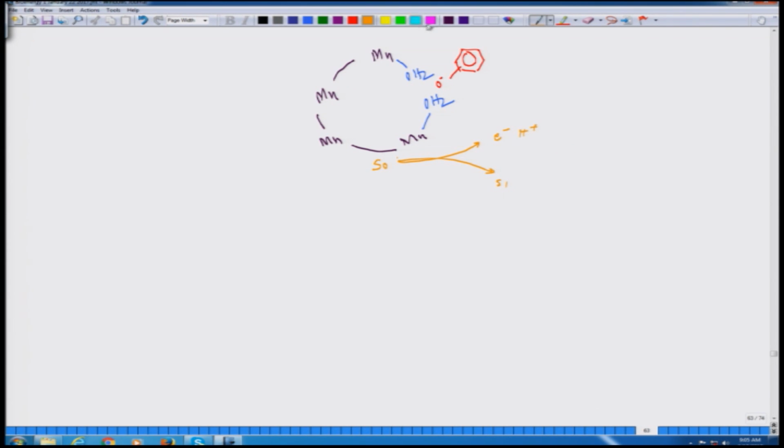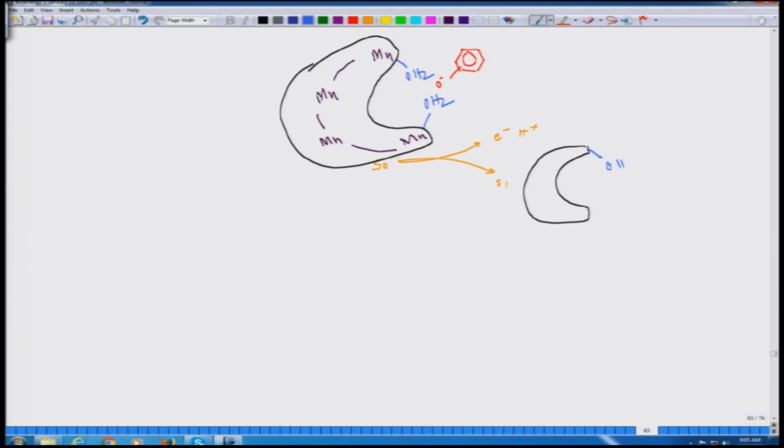I am not redrawing this cluster again. This cluster will continue in all my drawings, so I am just putting it like this. What you observe is on this side you have OH, on the other you have OH2. So, one hydrogen has gone out.